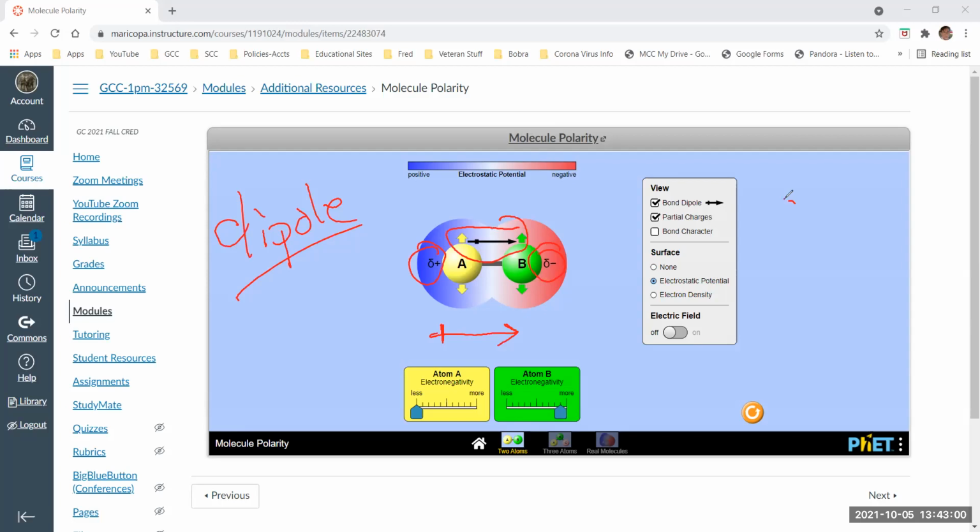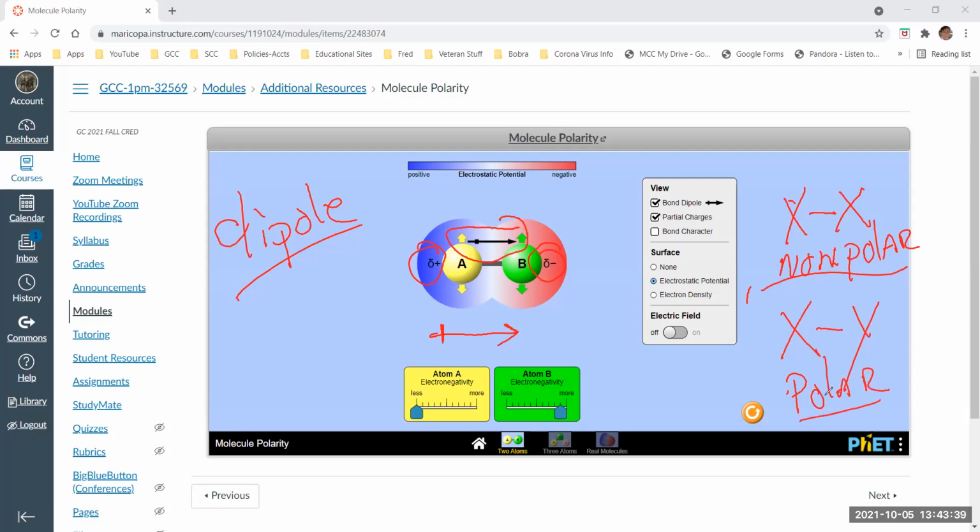I'm going to use X bonded to X. Whenever you have two atoms bonded together that are the same atom, you have a nonpolar bond. Why? Because they're equal in electronegativity. There's equal sharing. Whenever you have a bond between an atom that is different from X, and I'm going to call that Y, you have a polar bond.